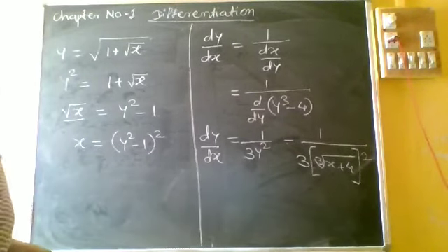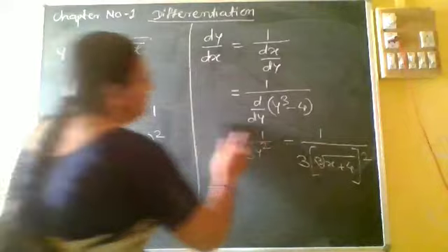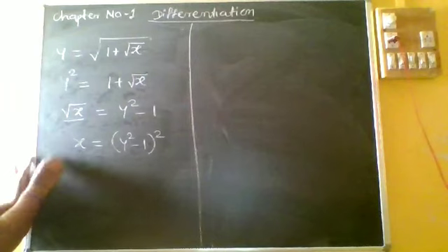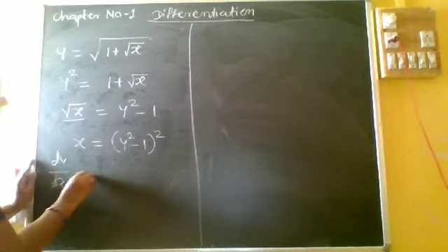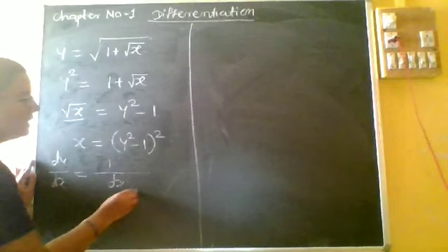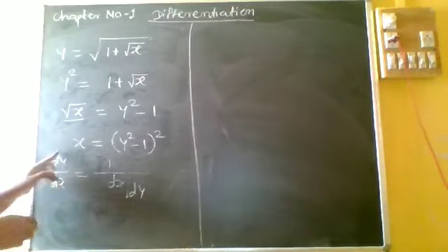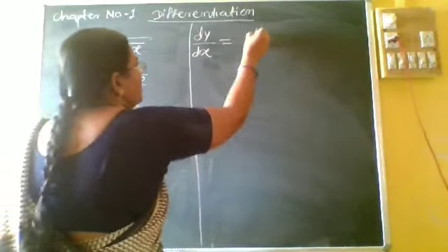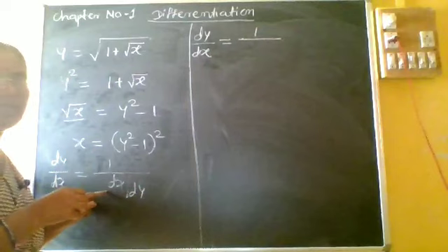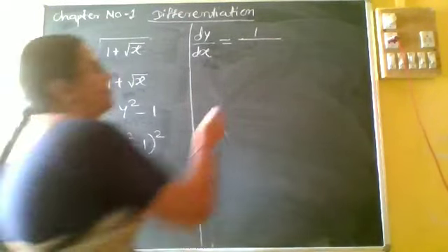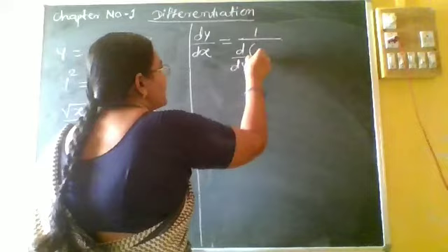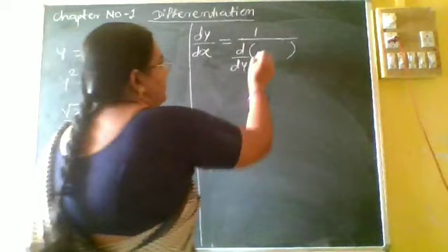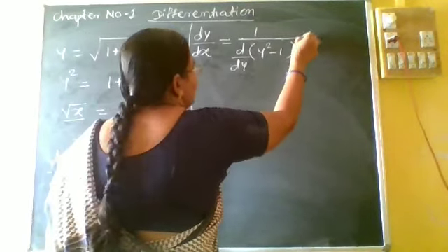Then find dy by dx. We have to find dy by dx, that is equal to 1 upon dx upon dy. Therefore, the derivative of the given function with respect to x is the reciprocal of the derivative of x with respect to y. What is x here? x is y square minus 1 bracket square.